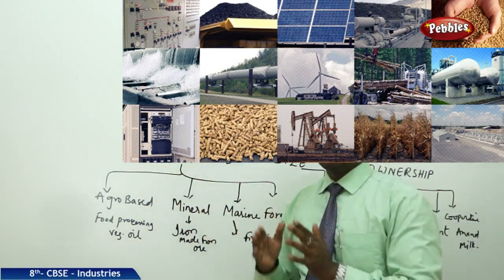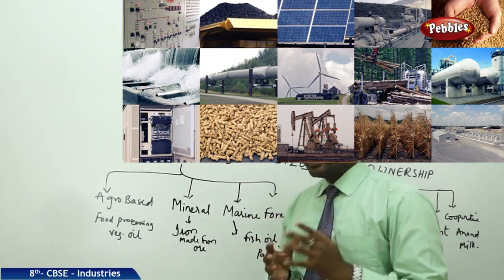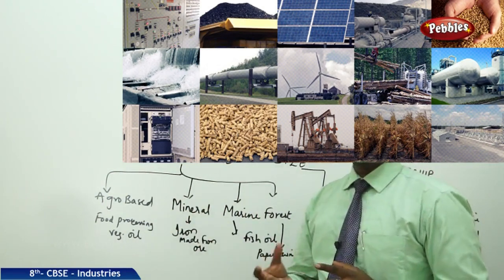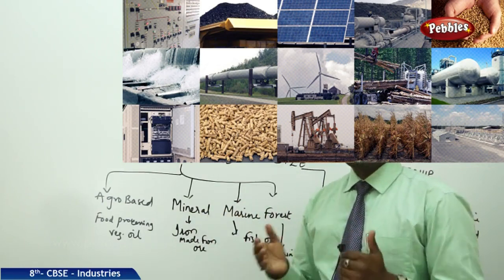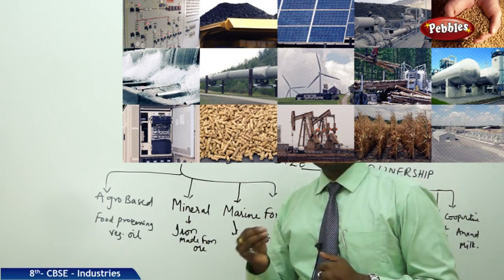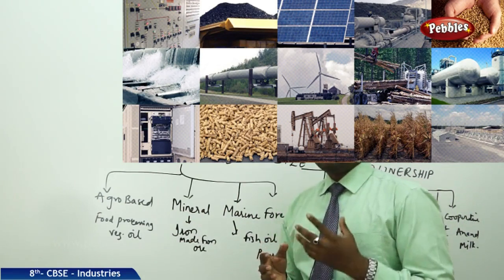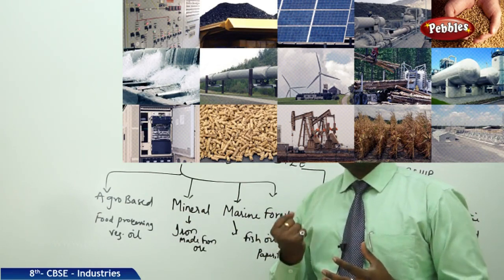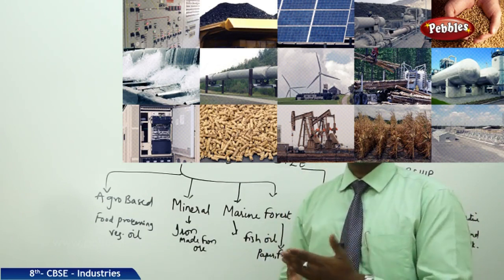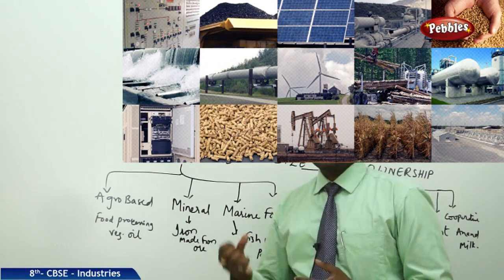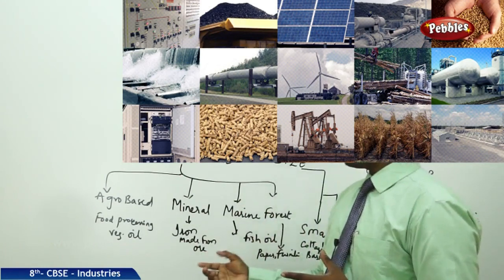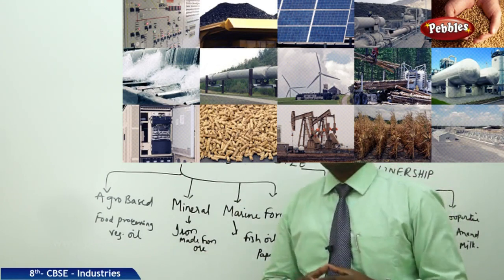Examples are food processing and the making of vegetable oils, of which we have different types available in the market, for example sunflower oil, which is extracted from sunflowers, an agricultural product which is grown and collected. So like this. Moving on to the second category.